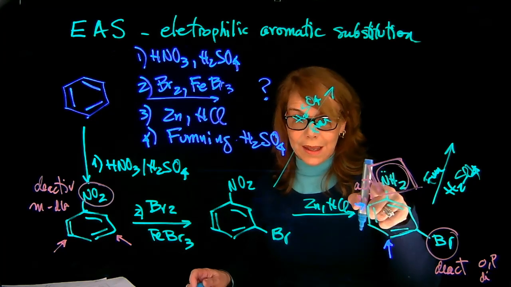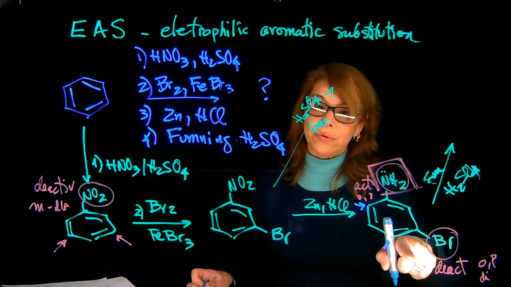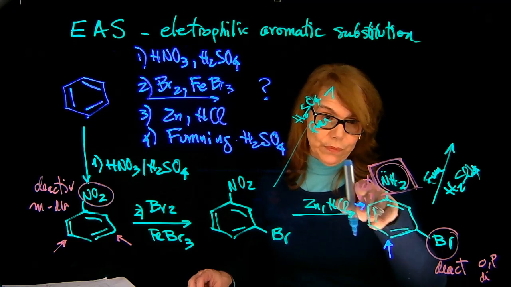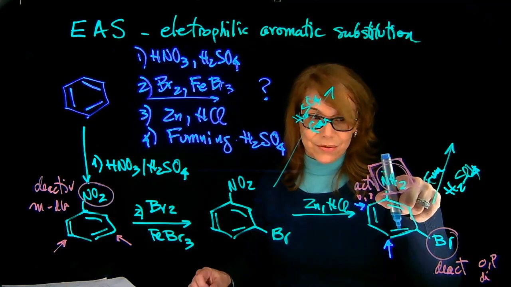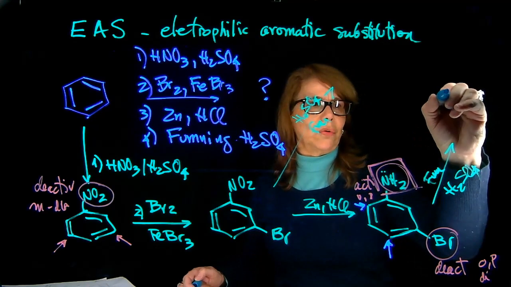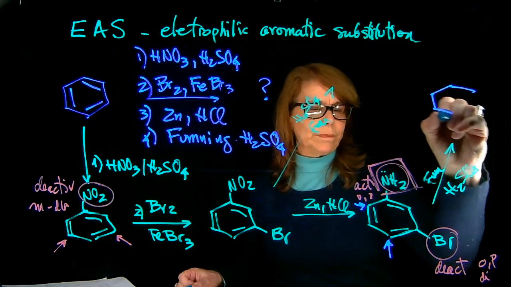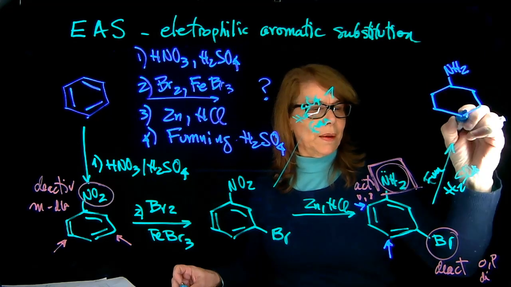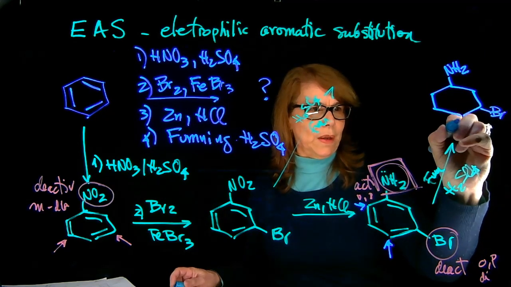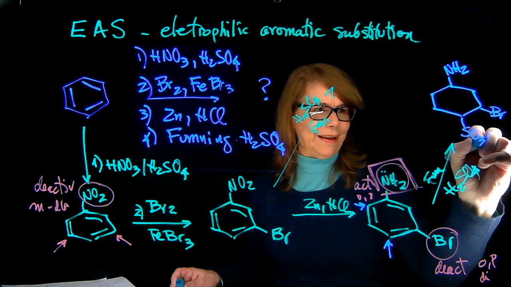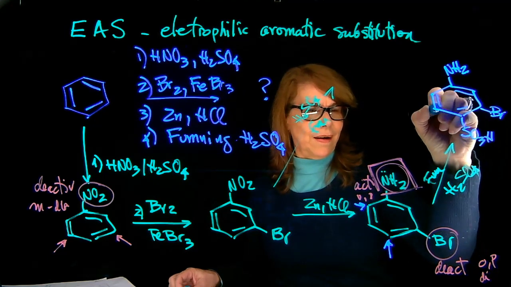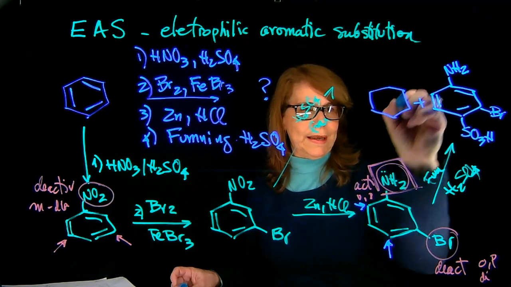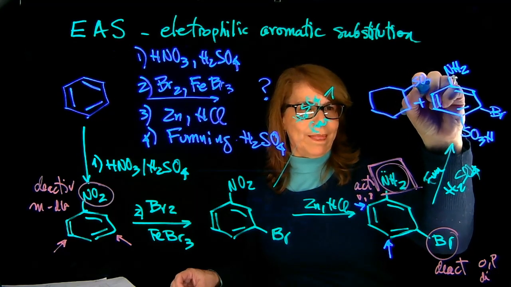And again, the activator is going to determine where is the substitution. This is the activator. So between these two groups, this is determining where the substituent is going. So you have two possible products. Here's your bromine, and you will have the sulfonic acid here, and you will have it also next to the amino.